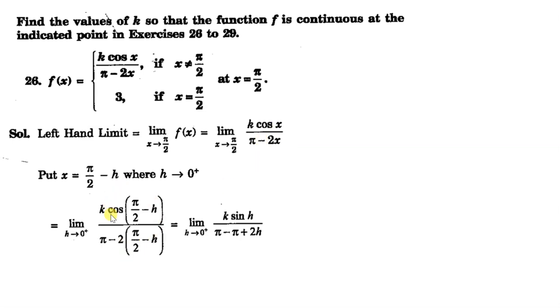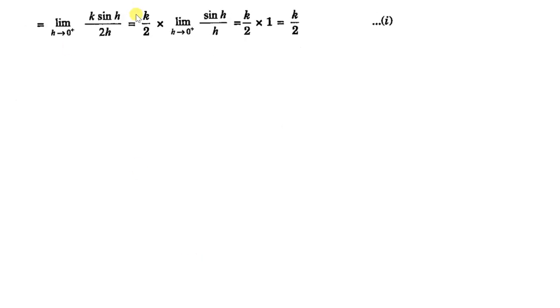Cos (90 minus theta) is sin theta, so it becomes k sin h divided by (pi minus pi plus 2h), so pi gets cancelled. K by 2 is a constant, you can take it out and write k by 2 multiplied by the limit as h tends to 0 of sin h upon h, and this becomes 1, so it is equal to k by 2.